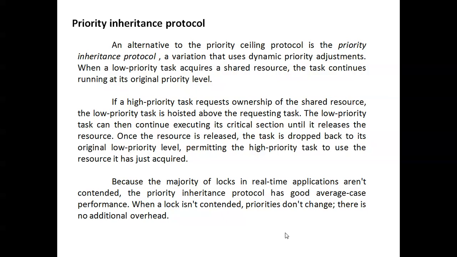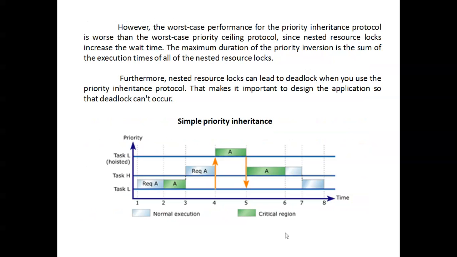And priority inheritance protocol. Once the task releases the resources, it drops back to its original low priority level, permitting the high priority task to use the resources it just acquired. The priority doesn't change. There is no added overhead.